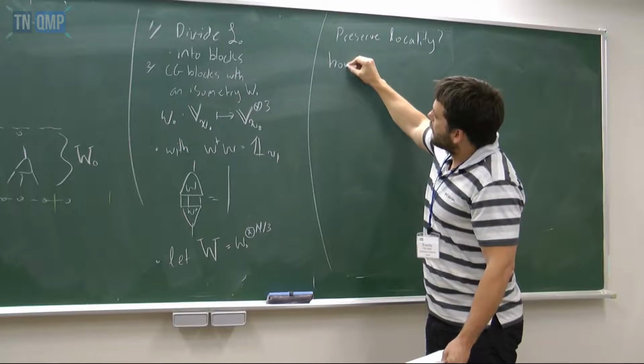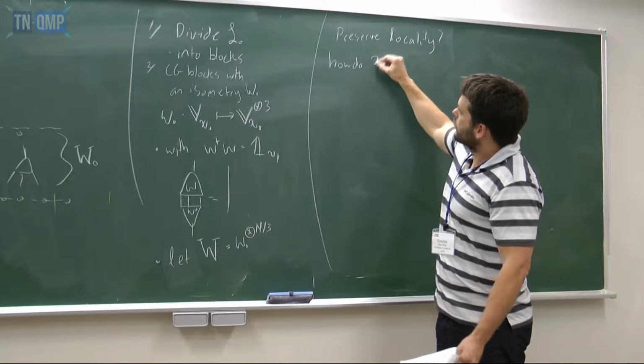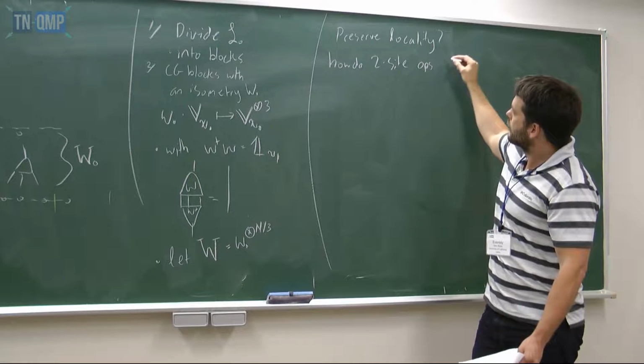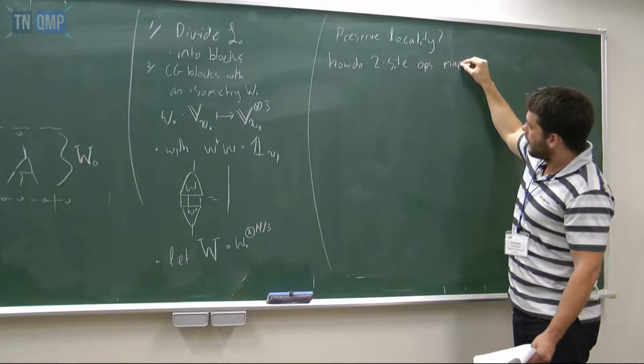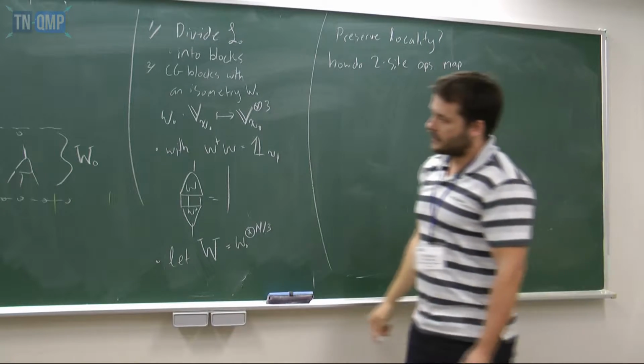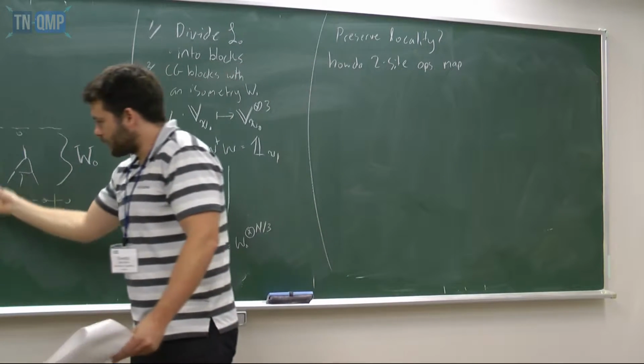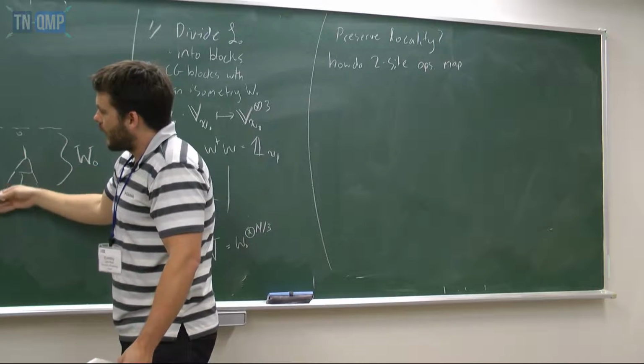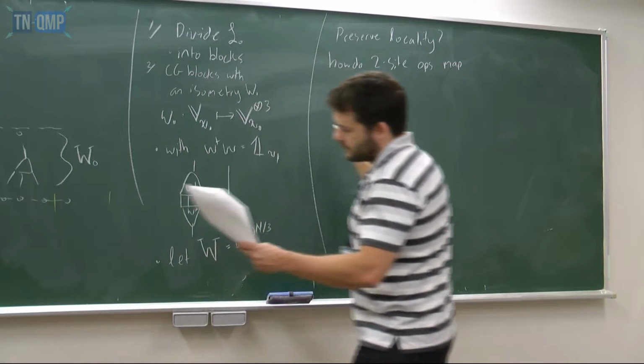So how do two-site operators map? Okay, so imagine I just have some local operator on this lattice. I want to figure out how this maps to my new lattice.